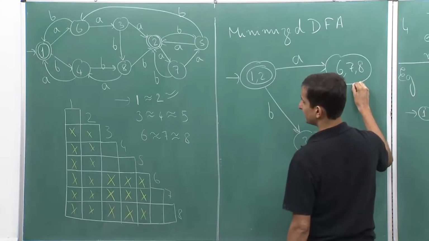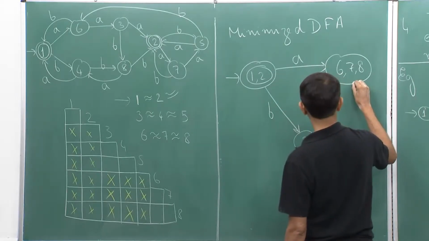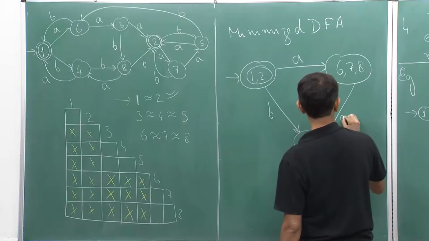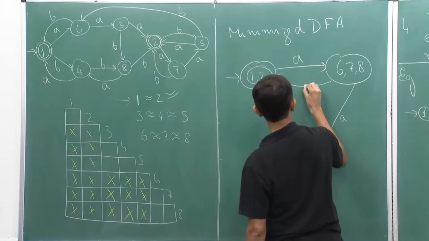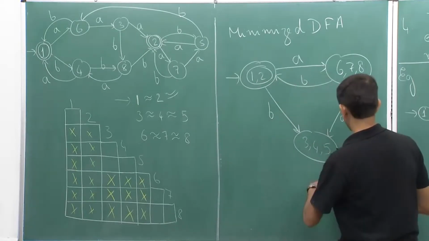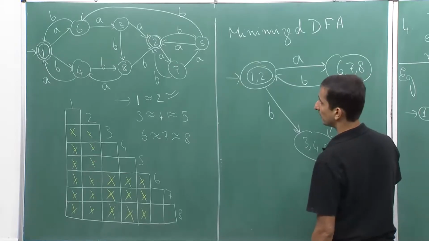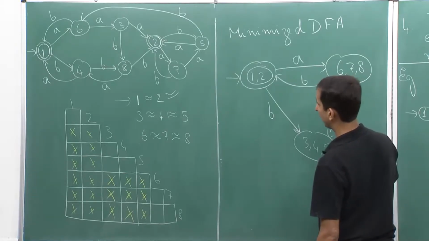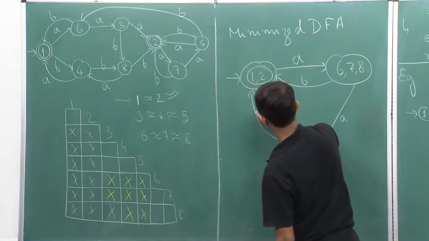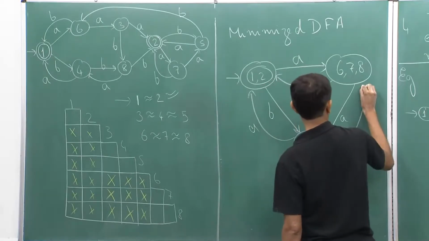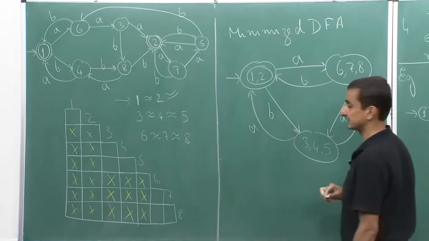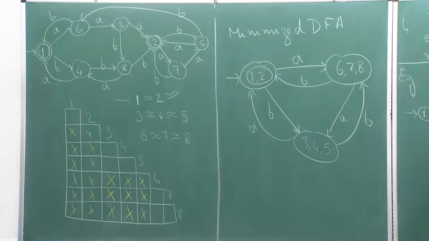From (6, 7, 8), on a I go to (3, 4, 5), and on b I go back to (1, 2). From (3, 4, 5), on a I go to (1, 2), and on b I go to (6, 7, 8). So, this is the DFA. Thank you.